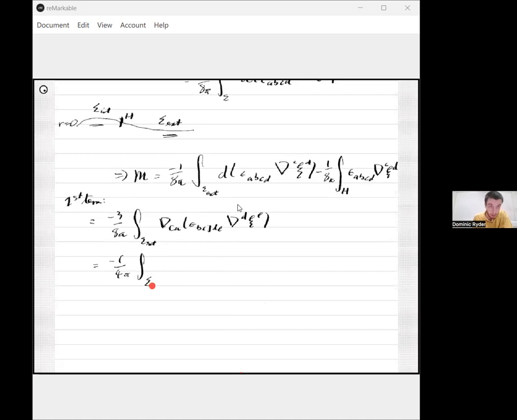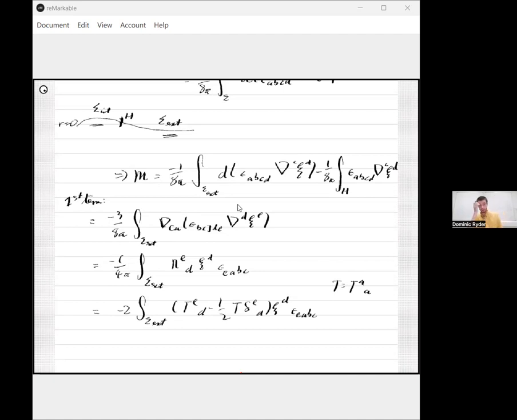By the same result as we derived before, we can write this as R_AB xi, sorry, R_ED xi^D epsilon^E_ABC, which by Einstein's equation will be written as this: T_ED minus a half T g_ED, where T is just the contraction of the stress energy tensor.